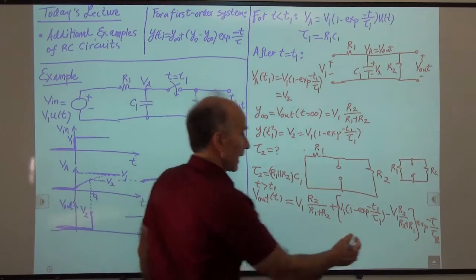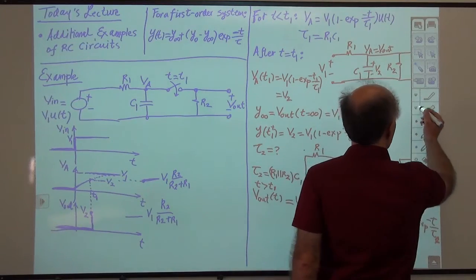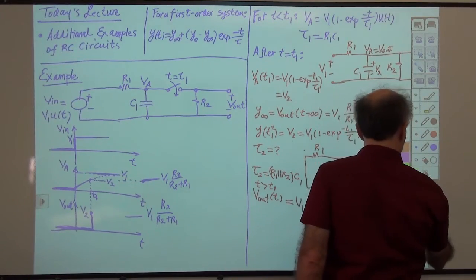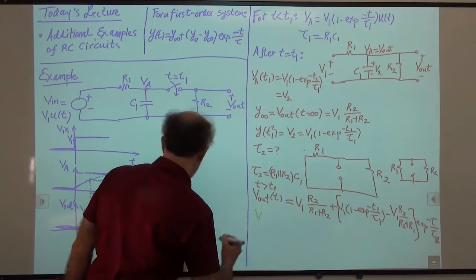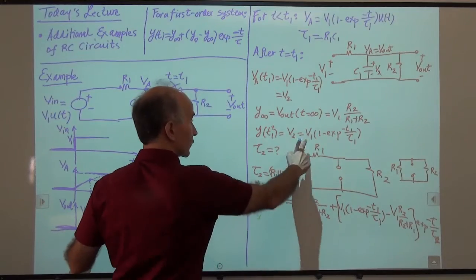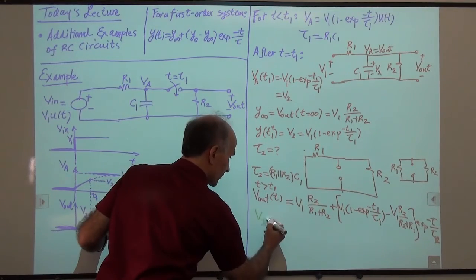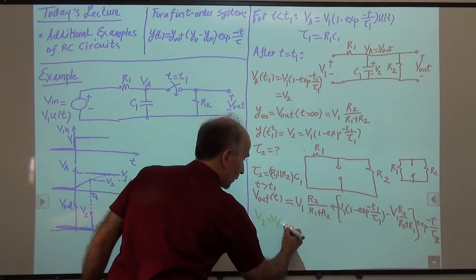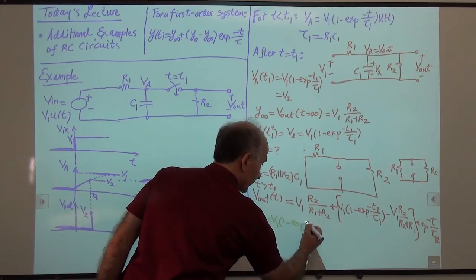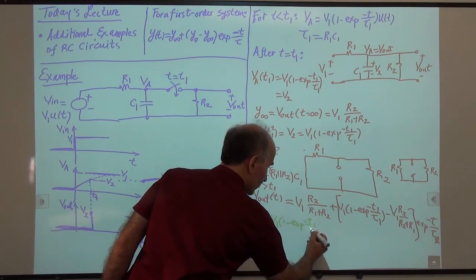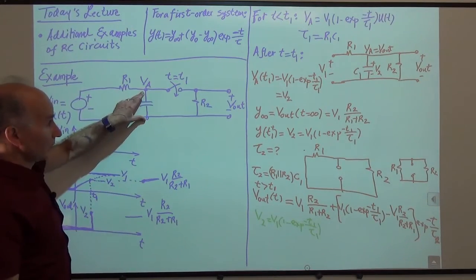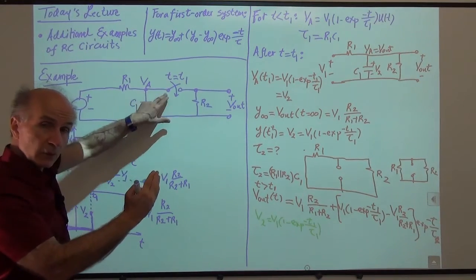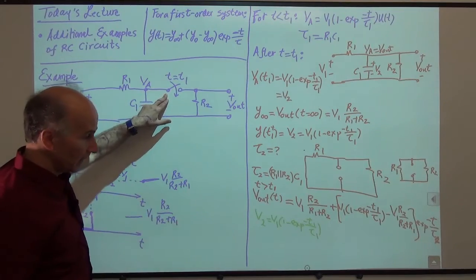So we have to ask this question, and let's write it in a different color, because it's important. So we're going to write V2, which was how much? This one, right? So V2 is equal to V1 times 1 minus exp of minus T1 over tau 1. So that's the voltage that this capacitor holds at the moment that the switch begins to conduct.